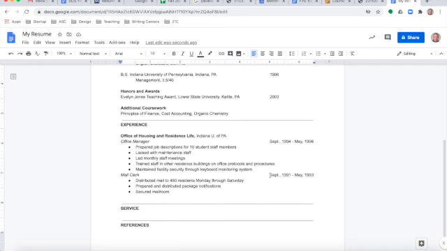Now look, you see how that procedures there sticks into the dates? We're going to have to adjust that. Trained staff in other residence buildings. Do I need to say that? Trained resident staff. Trained other residence life staff. Obviously they're in buildings. Trained other residence life staff in office protocols and procedures.